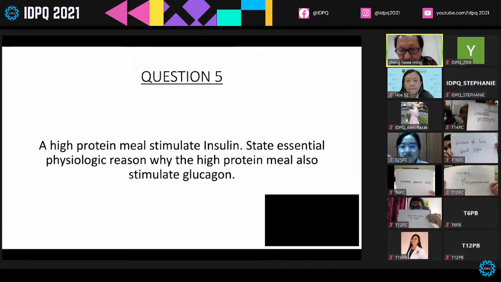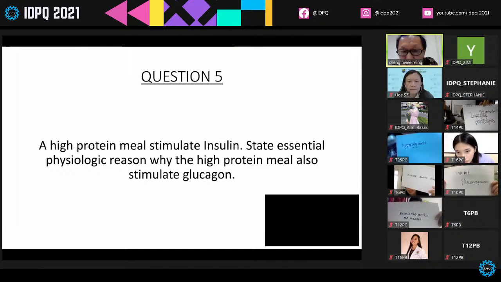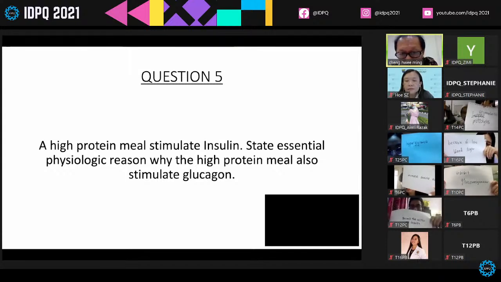Yeah, I need to discuss that with the judge. Team 10 is wrong. And team 12, can you put it nearer camera? Balance the action of insulin. Okay, I need to confer that with the judge. Keep it up.